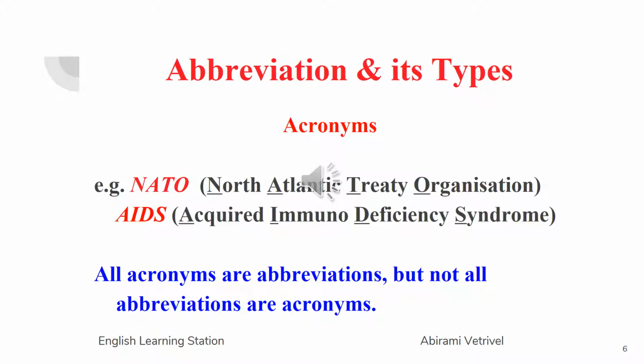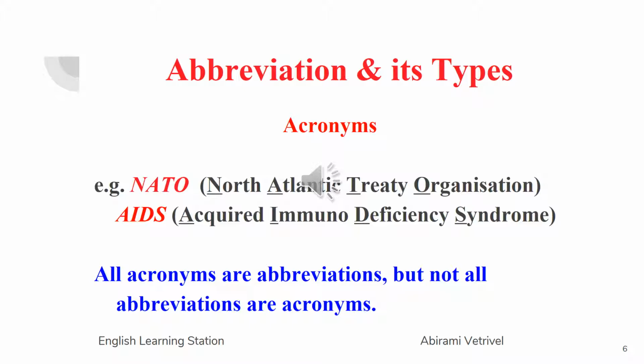But in acronyms, we pronounce it as a word. To understand it better, let us look at the examples. The acronym for North Atlantic Treaty Organization is NATO. The first letter of every word of the term is taken to form the acronym NATO.